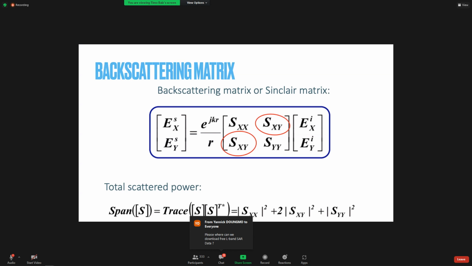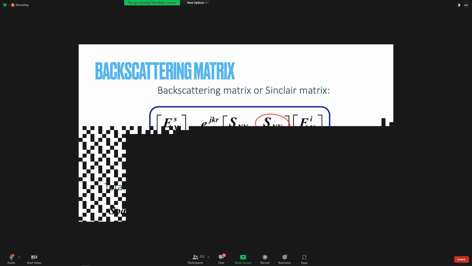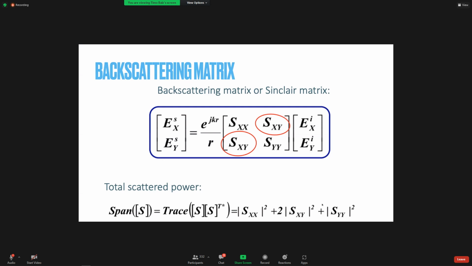So it's quite common to set them identically. So this is HH, VV, and this is HV. And then the total scattered power is here. You can give it as the square of HH, plus 2 times the square of the cross-polar, plus the square of VV.